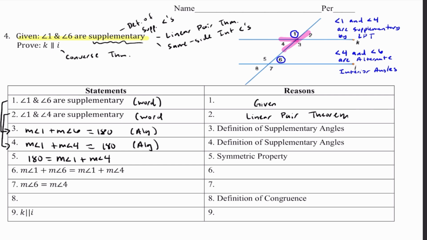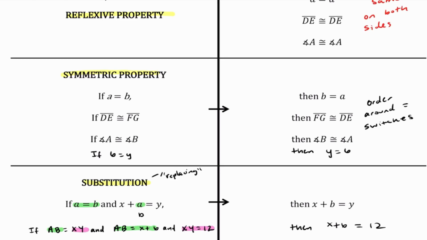So then, if we look at statement number 3 and statement number 5, if the measure angle 1 plus the measure angle 6 is equal to 180, and 180 is equal to the measure angle 1 plus the measure angle 4, then by the transitive property, the measure of angle 1 plus the measure of angle 6 is equal to the measure of angle 1 plus the measure of angle 4.